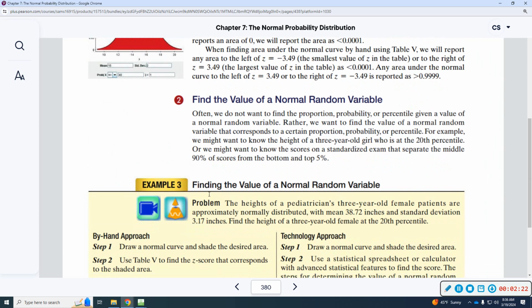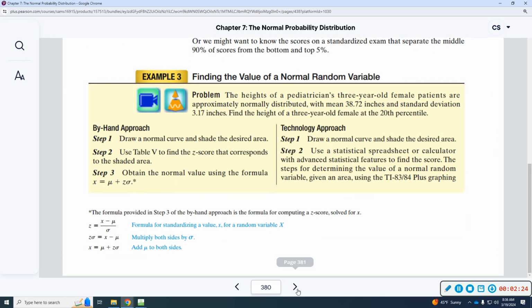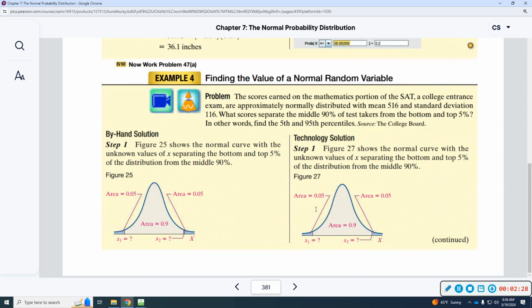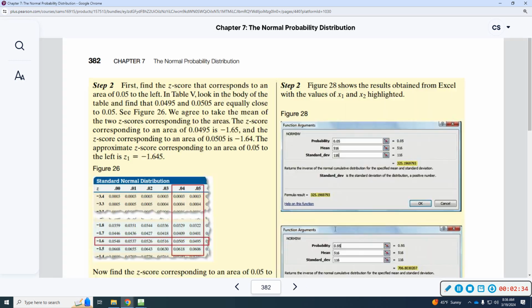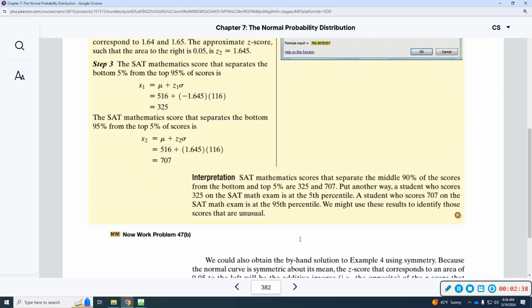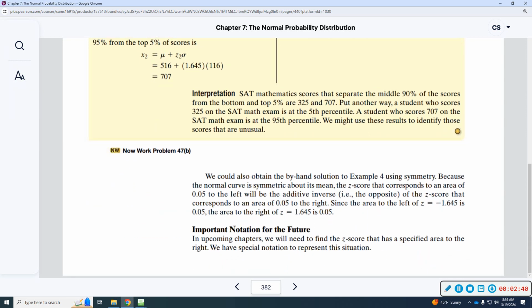So the area to the left of one number and the area to the right of another. And I think they're showing you examples of each of those types, and then we will model that for you shortly. You can do it with technology. We can also do it by hand and using the chart.